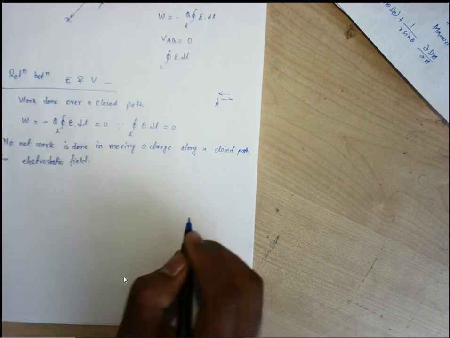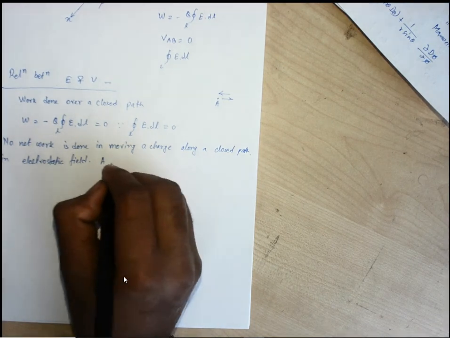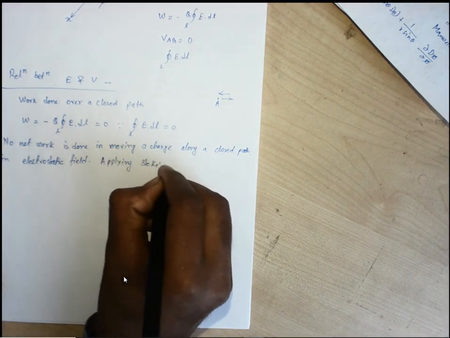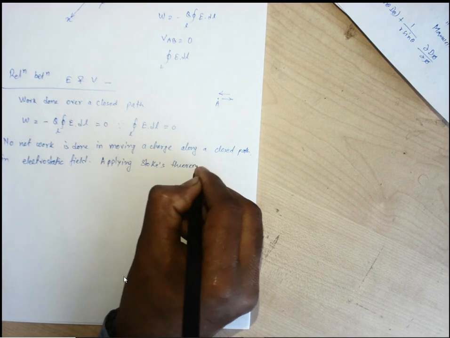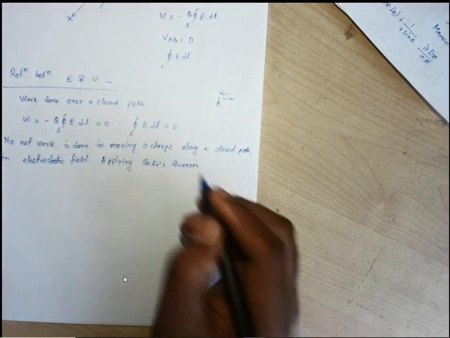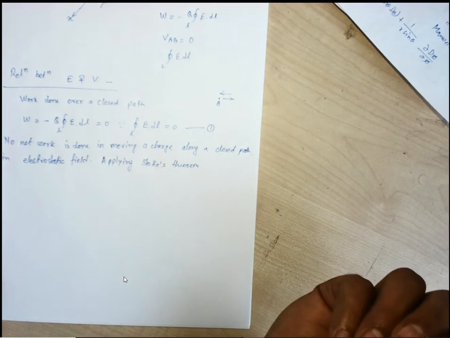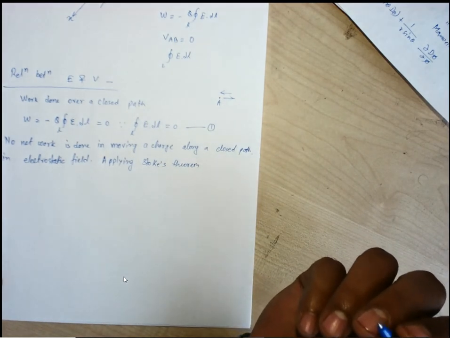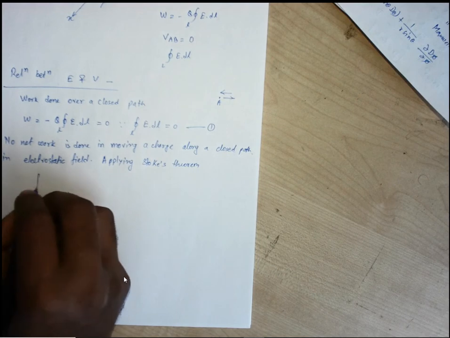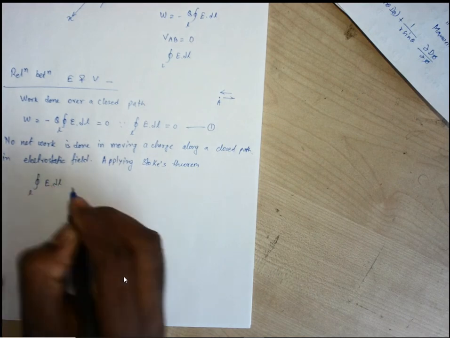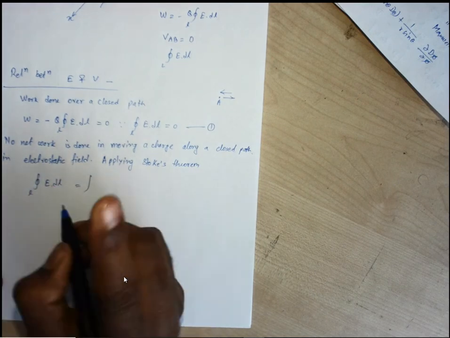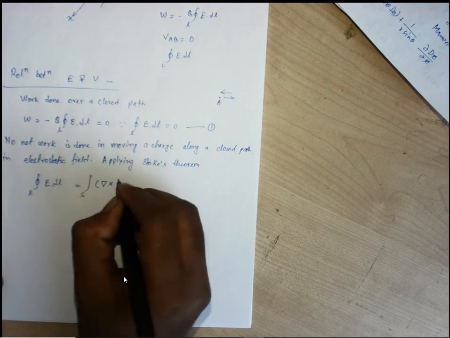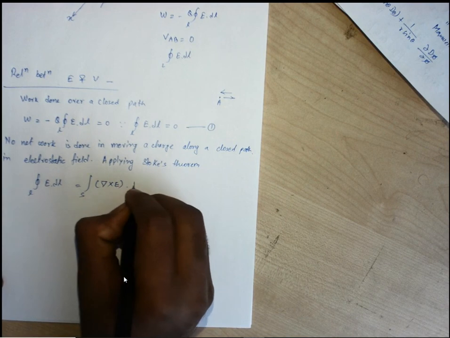Here we apply Stokes theorem to this equation. Stokes theorem relates a closed line integral to a surface integral, that is, the closed line integral of E dot dl equals the open surface integral, not a closed surface, of the curl of that vector dot ds.